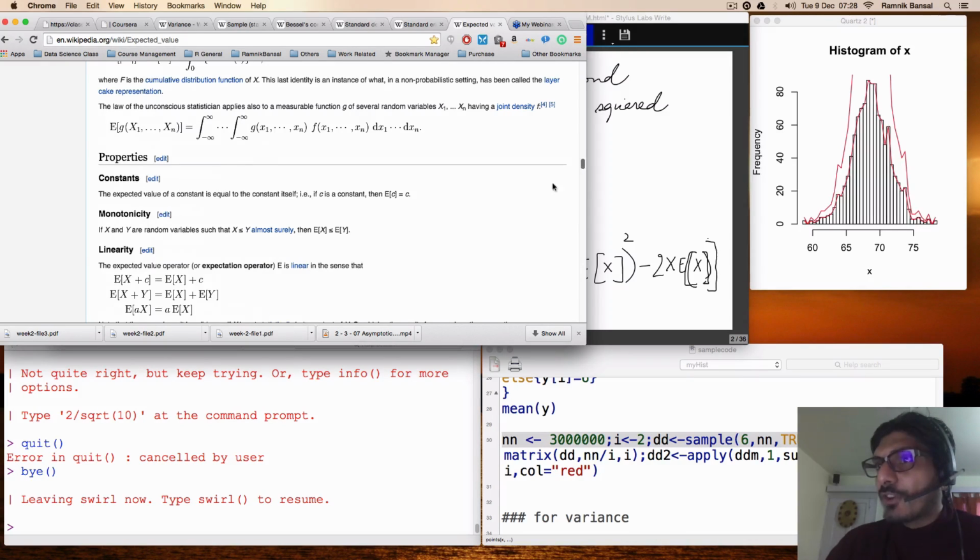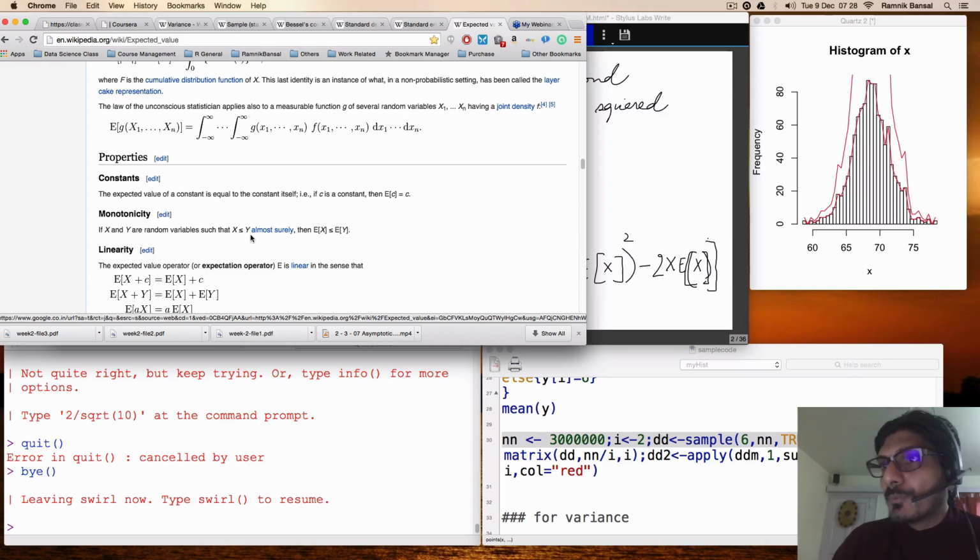The expected value of a constant is equal to the constant itself, right? We know this. So if x and y are random variables such that x is less than equal to y, then expected value of x will always be less than equal to expected value of y, right?